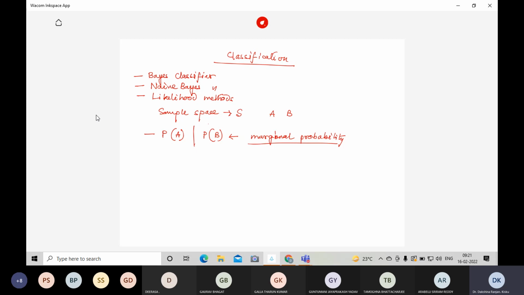When the events A and B occur simultaneously, then we can estimate the probability which is known as the joint probability, or joint probability distribution.